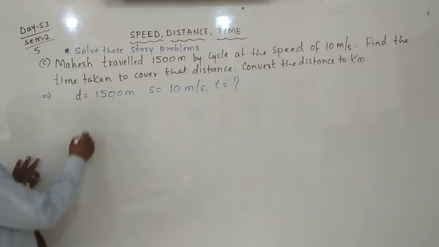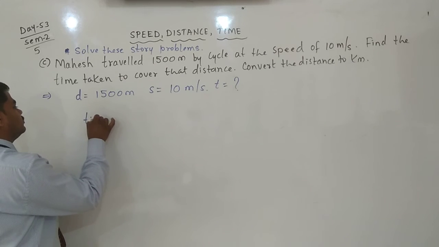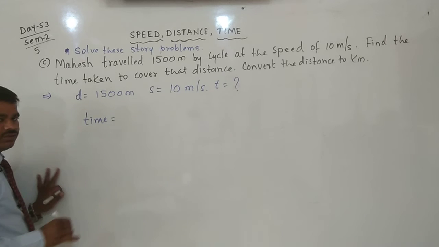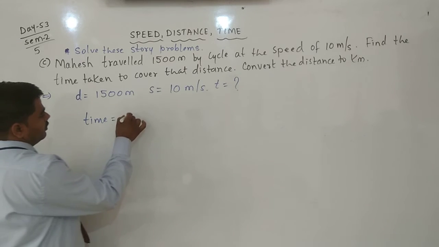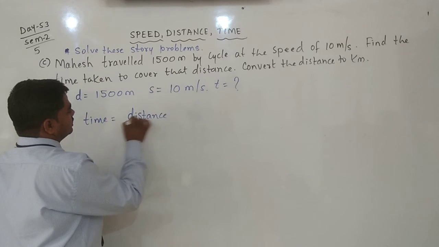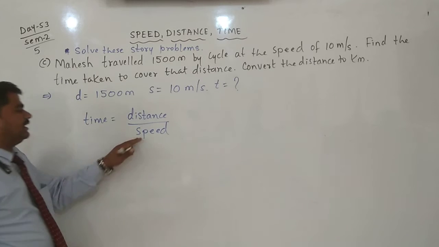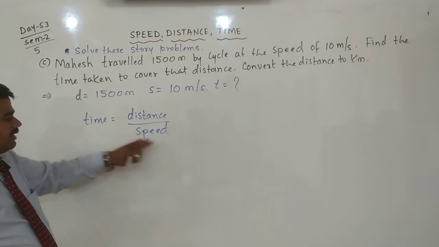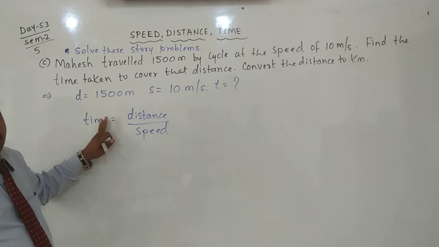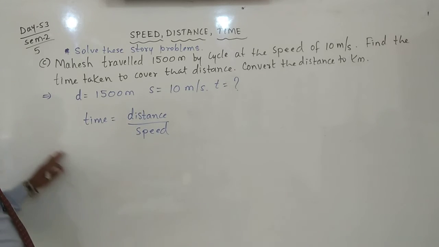Yes, then we know that time is equal to distance by speed. Yes or no? Speed is distance by time, and you send this time to the left side and take speed to the right side.